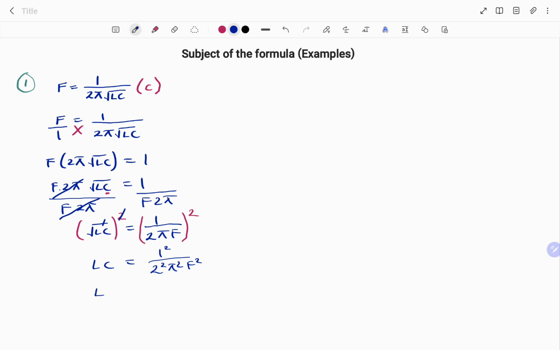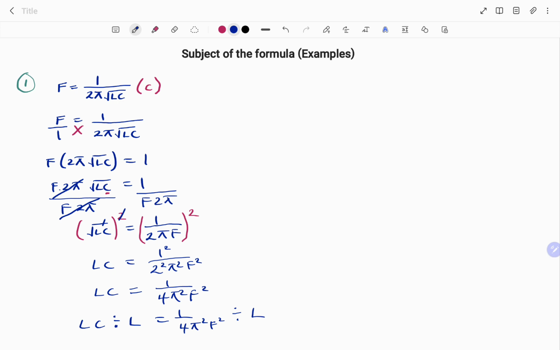I have LC equals 1 over 4, since 2 squared is 4, pi squared, f squared. And because I'm looking for C, I'm going to divide both sides by L. So let me write it this way so you see what I'm going to do on the other side. LC divided by L equals 1 over 4 pi squared f squared, divided by L.